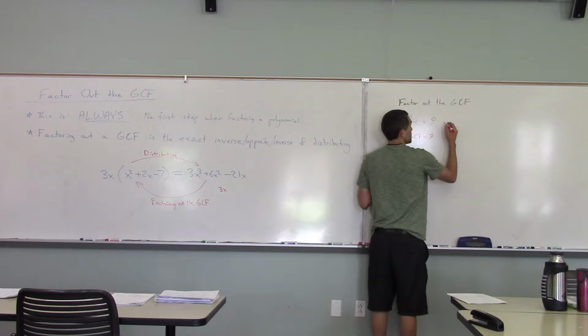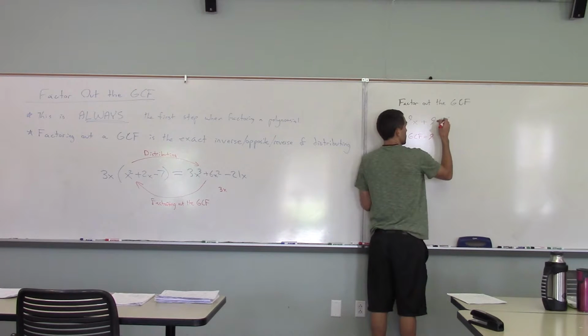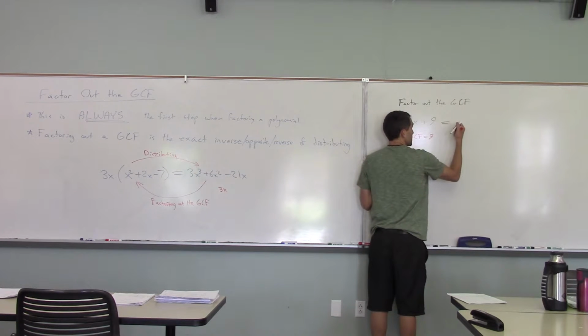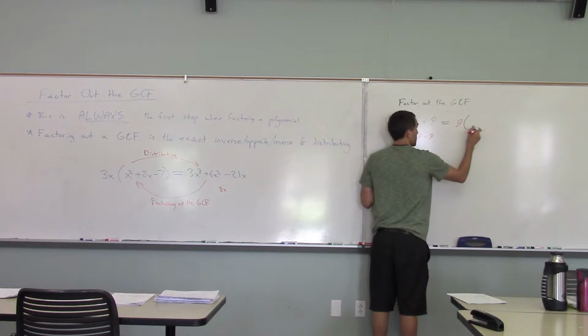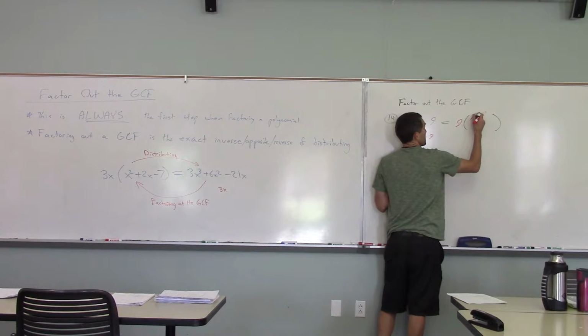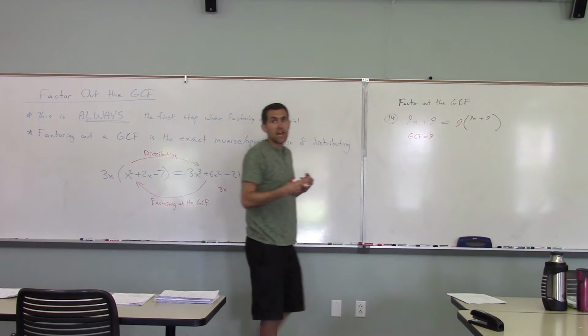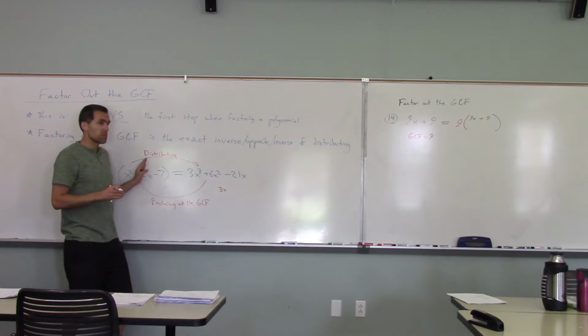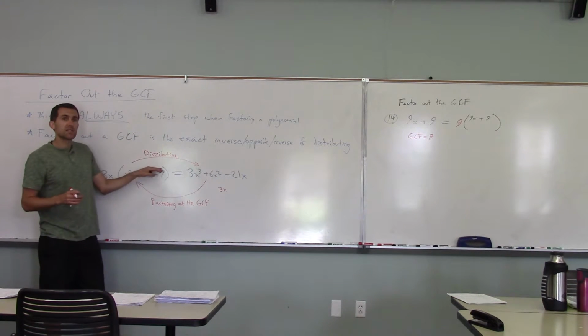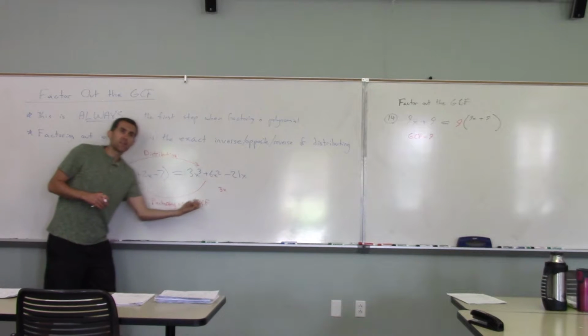Let's write it out step by step. What we're going to do is take out the GCF out front. And then we're going to take this 9x plus 9, and since we're factoring out, instead of multiplying, we're going to divide the 9 out.